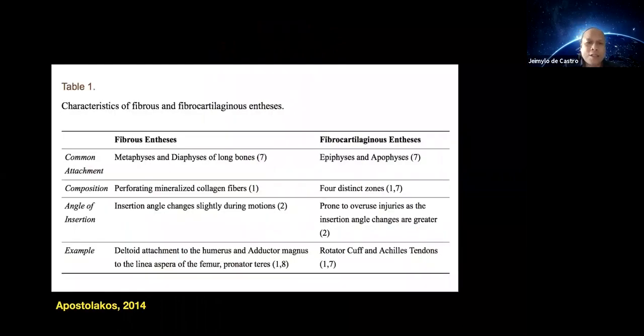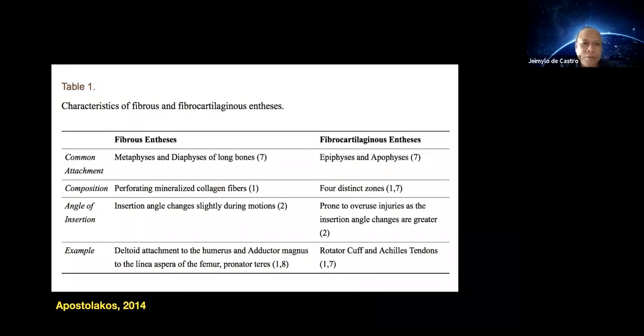Now, if you look at this graph, you will notice here the characterization of fibrous and cartilaginous enthesis. So let's say, for example, for fibrous tissue, the common attachment is at the metaphysis and diaphysis of long bones. But in fibrocartilaginous, it usually attaches at the epiphysis and apophysis.